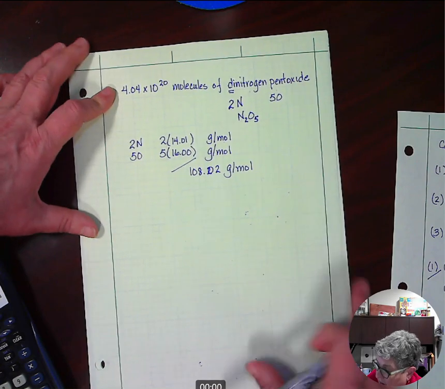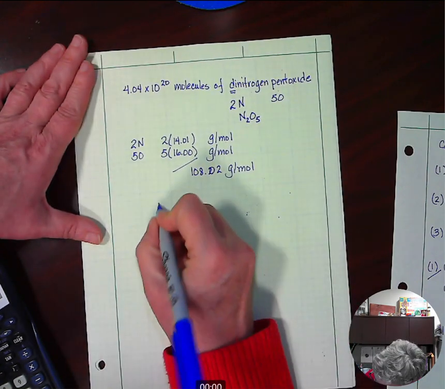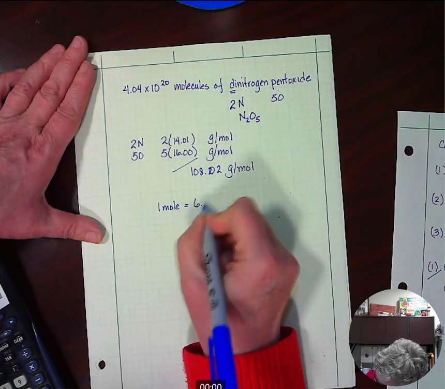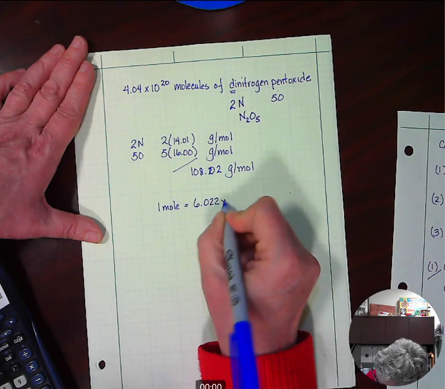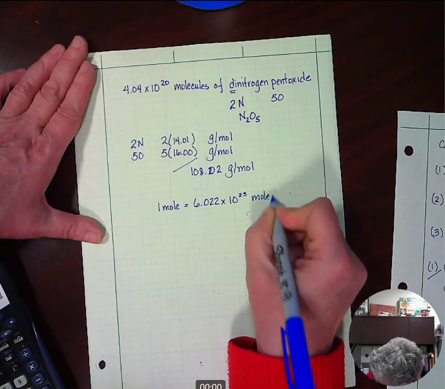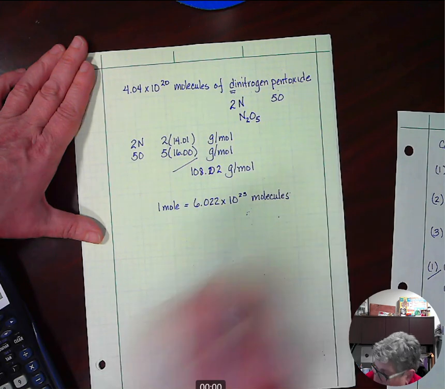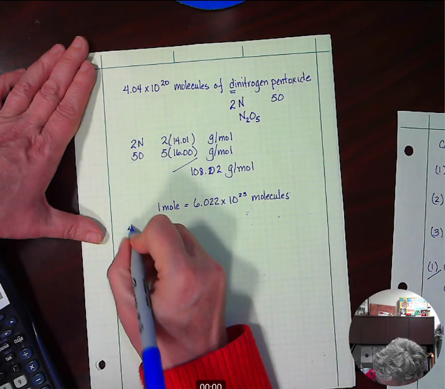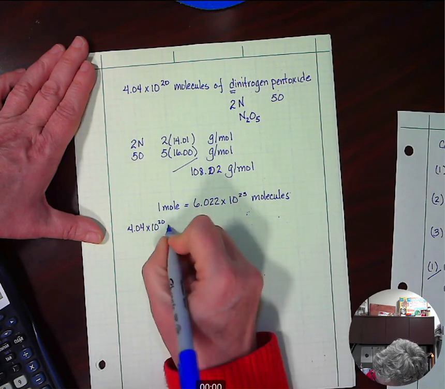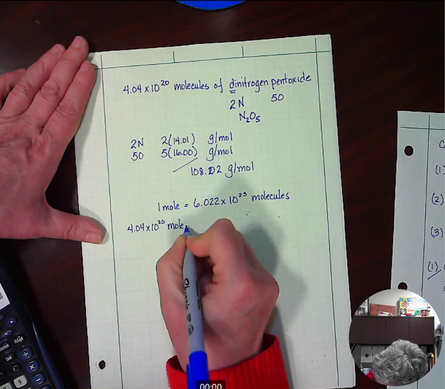Now, I need to know how many moles 4.04 times 10 to the 20 molecules is. And that comes back to remind us that 1 mole is equal to 6.022 times 10 to the 23rd molecules. So what we're going to do is take our 4.04 times 10 to the 20th molecules.